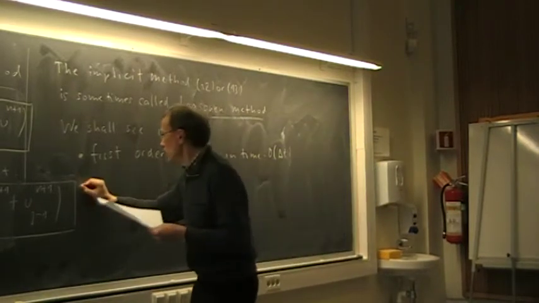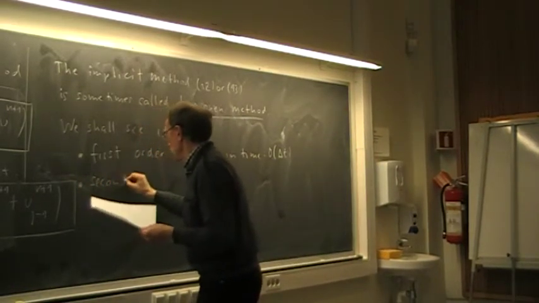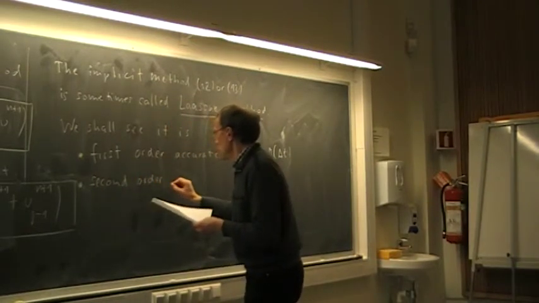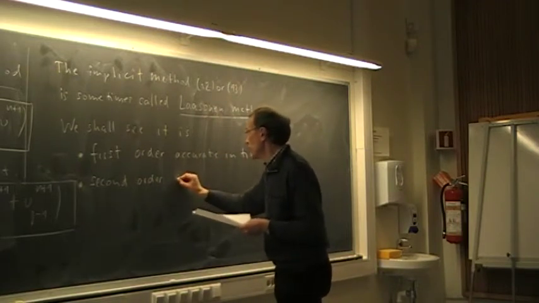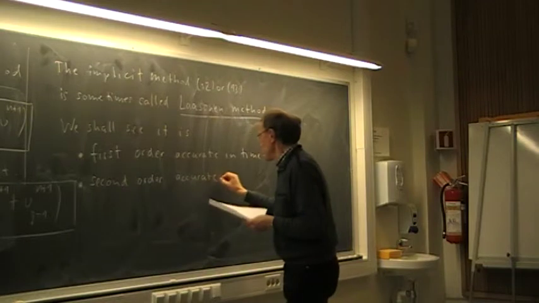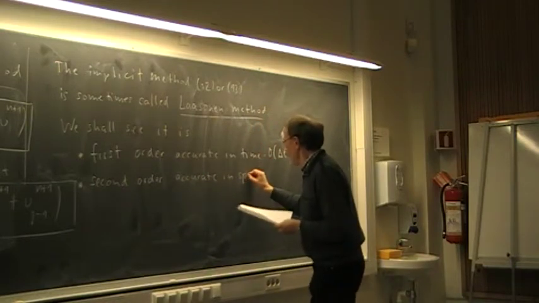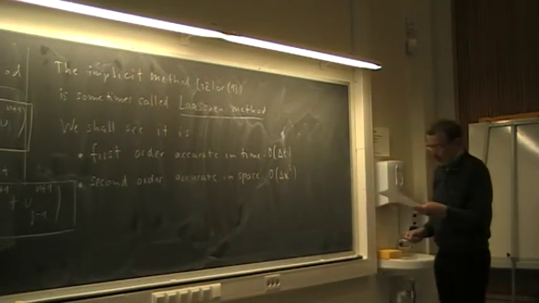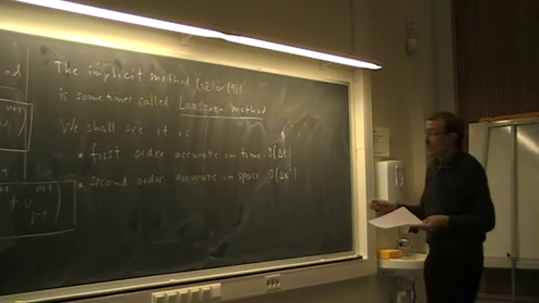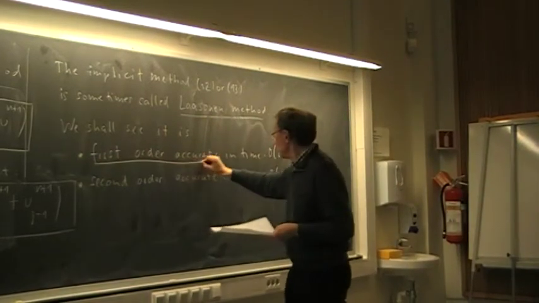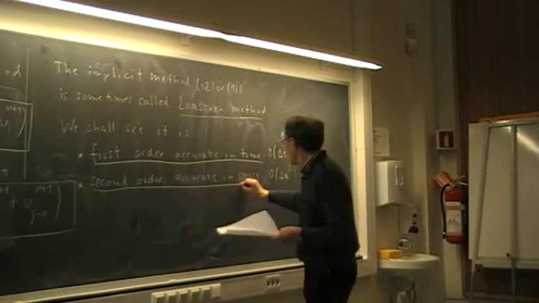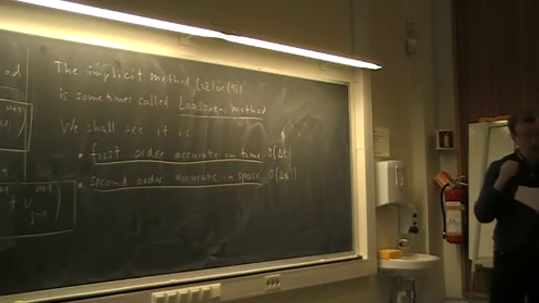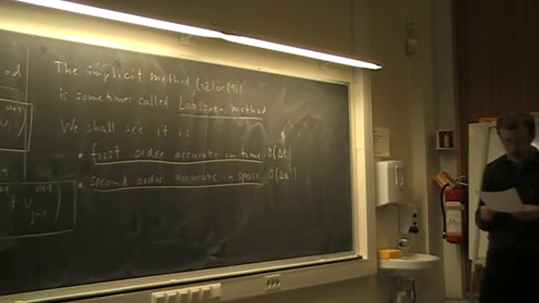And again, because of the same space discretization, it is second order accurate in space, as the explicit one. That means delta x squared. So that is similar to what we had before for the explicit Euler method, but it has now a very important difference compared to the explicit Euler method in time.